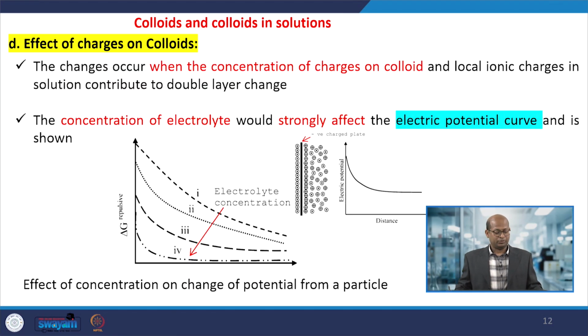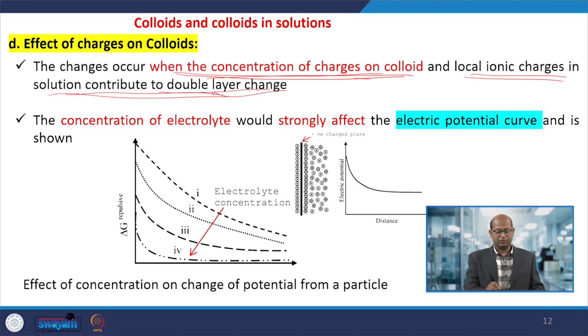Here, the concentration effect of charges on colloids: the concentration of the charges on the colloids and the local ionic charges in the solution also contribute to the double layers. Here the solutions are used to form the colloids.